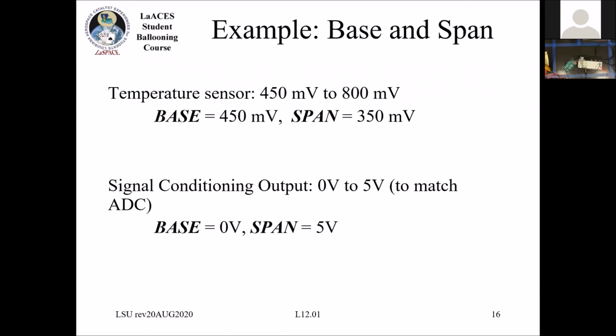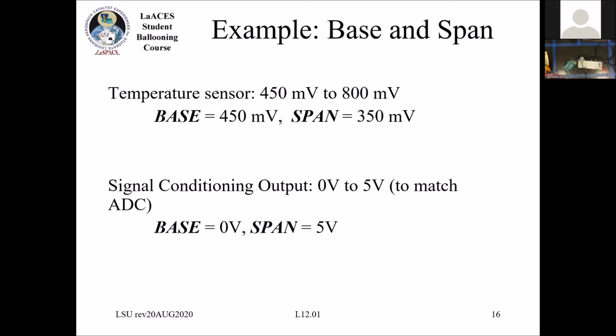So, for example, the temperature sensor that you guys are going to use later on in the Megasats is based on a diode, and the signal is actually going to change on the order of 450 millivolts to 800 millivolts. So that's from 0.45 to 0.8 volts, right?